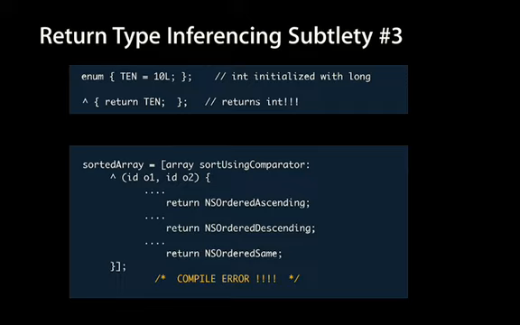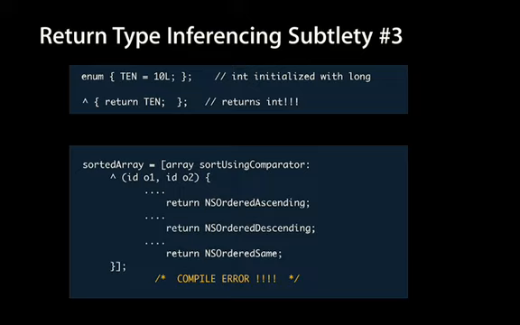A very pragmatic problem comes in with real Cocoa API. We have added a new method called sort using comparator, where comparator is one of those type defs that takes a block, of two, comparing two items, and it returns an NS comparison result. Well, an NS comparison result happens to be not always an integer.